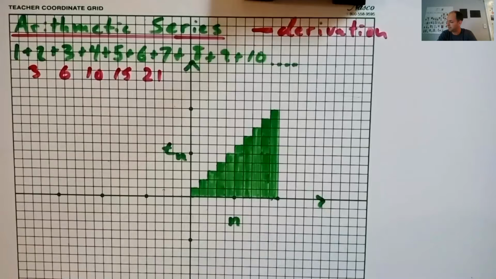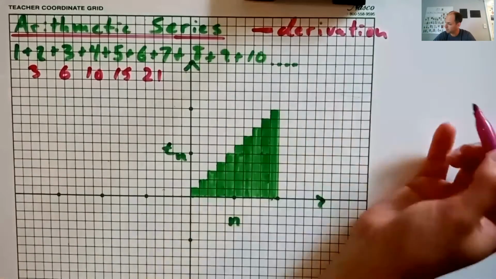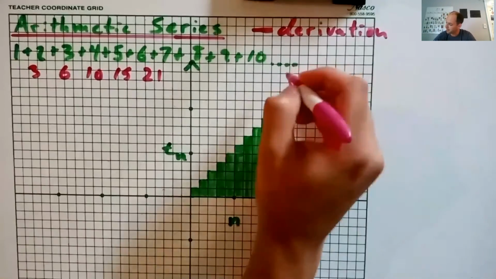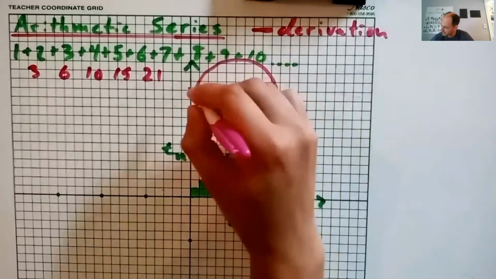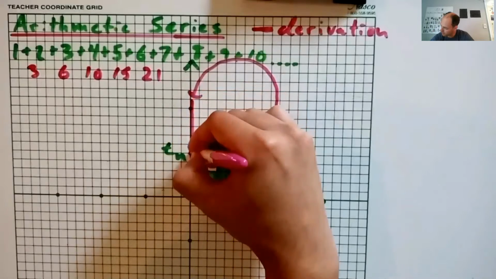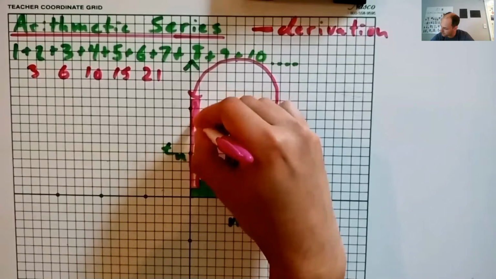The key is to think about how the first number and the last number will add up to the same value as the second number and the second last number. For example, if I took the 10th term here, which is 10, and added it to the first term, I would get 11. 1 plus 10 is 11.